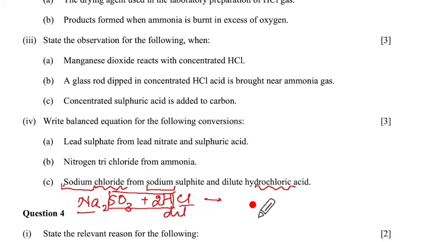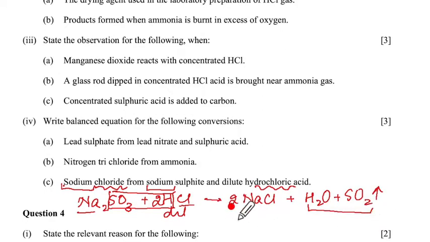So we'll write here 2. So we will have 2NaCl plus H2SO3 will be unstable, and it will give you the products H2O and SO2. So here we have sodium chloride formed. That finishes our question number 3.